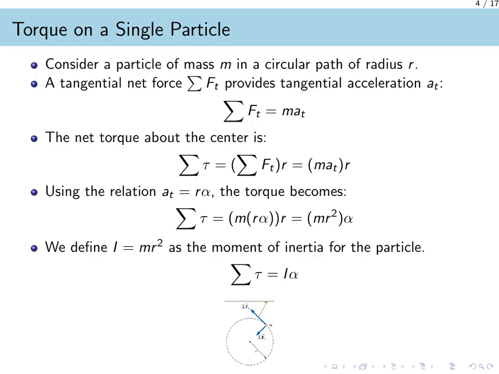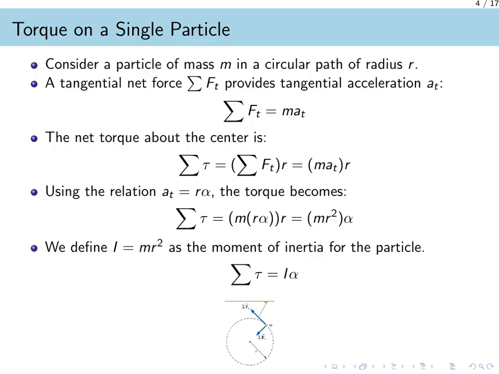Next we find the net torque about the center. Torque, represented by the Greek letter tau, is the product of this tangential force and the radius, r. Substituting for the force, we get that tau equals the quantity m times a sub t, all multiplied by r.